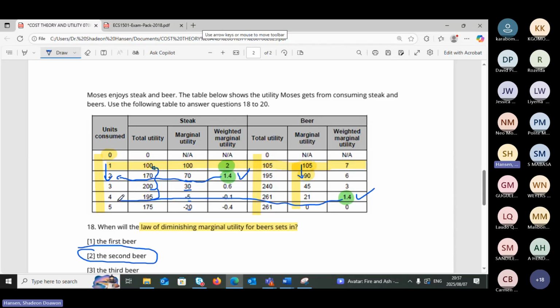Now we need to see whether 2 steaks and 4 beers multiplied by their respective prices is equal to 160. If it is equal to 160, then that is our consumer equilibrium, where Moses is going to maximize his utility. But let's just check it first.